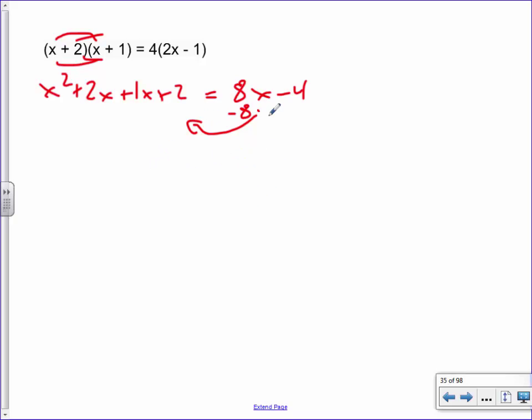So if I subtract 8x from both sides and add 4 to both sides, what's left? Well, this is your grade 7 algebra. Again, a skill that you probably possess. You might need to work on it. 2 plus 1 is 3 minus 8, negative 5.